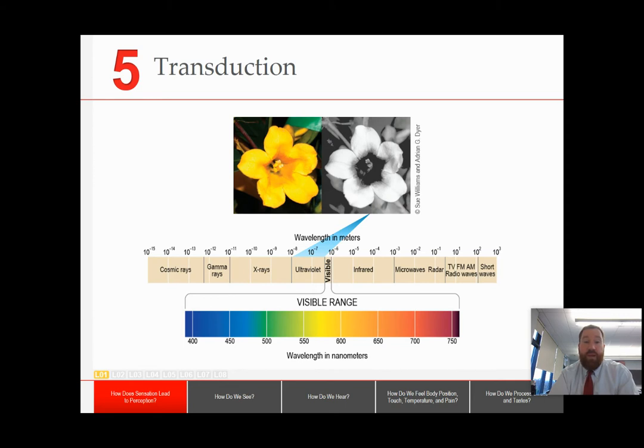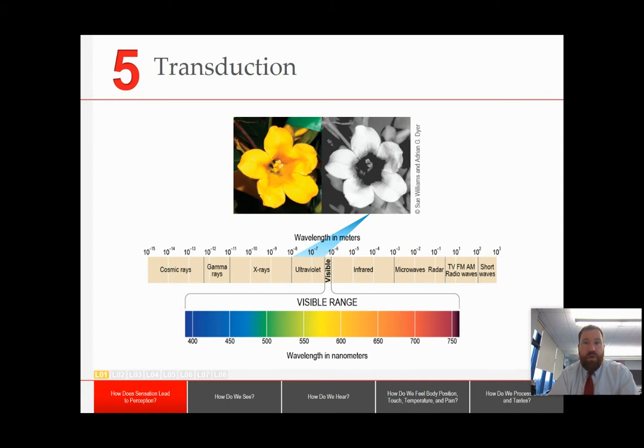But for a bee, seeing in ultraviolet, it kind of stands out. It kind of looks like a bullseye, right? The center where all the pollen is in that flower shows much more contrast than it does in the visible range. So different animals have evolved to be receptive to different types of electromagnetic radiation.